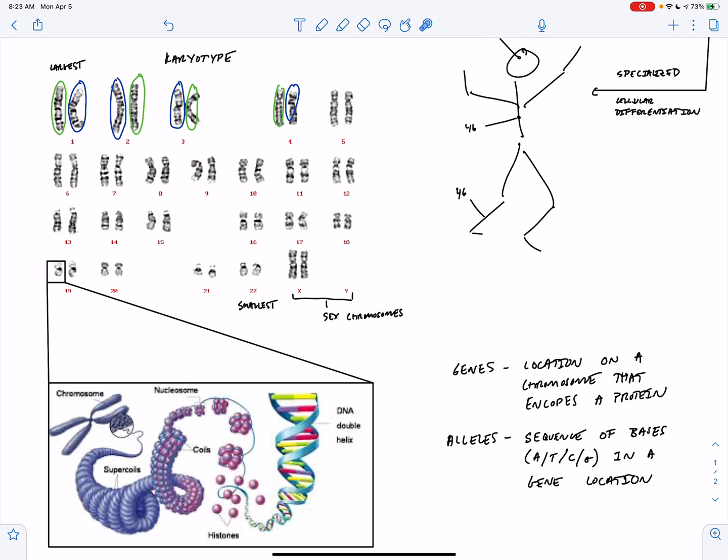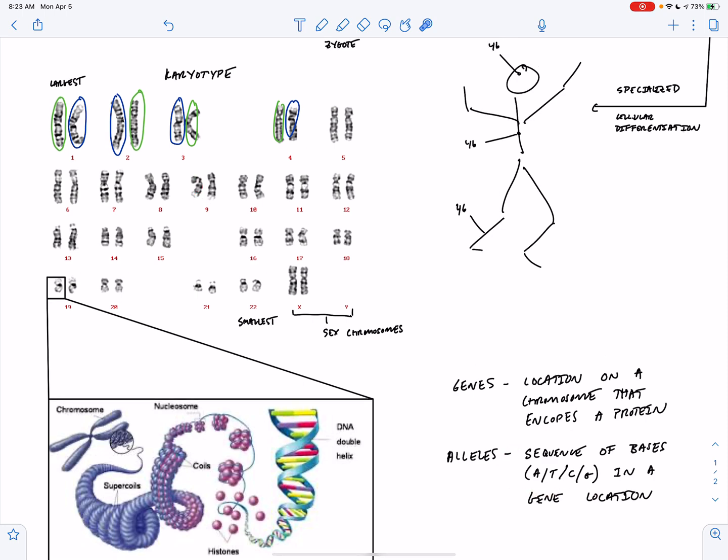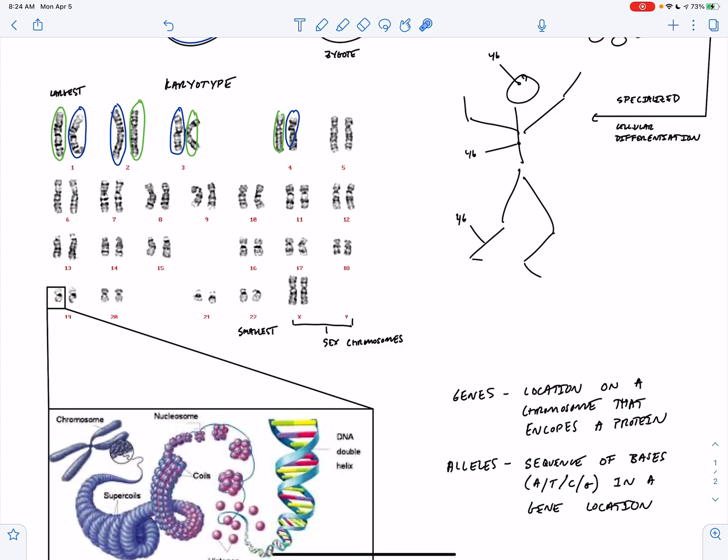So someone might have a variant, a sequence of bases that leads to this gene creating a lot of human growth hormone. And someone else might have this same gene, but a different allele of that gene that causes only very small amounts of human growth hormone to be produced. So the same gene resides in this one location, but there are all sorts of different variants that can be found at that location on the chromosome.